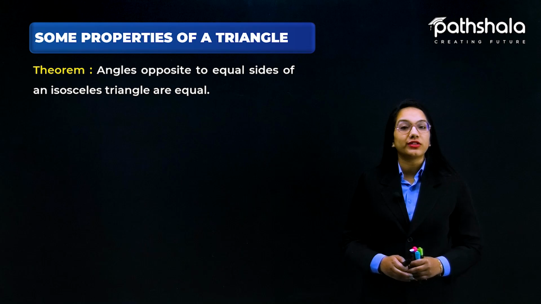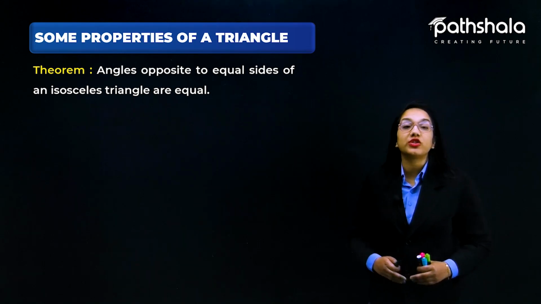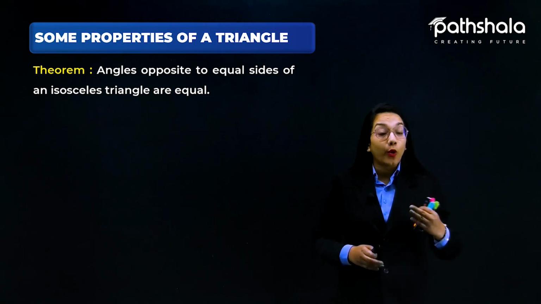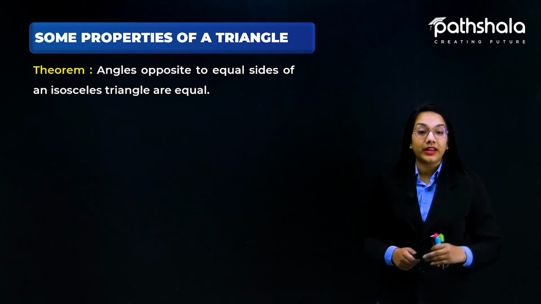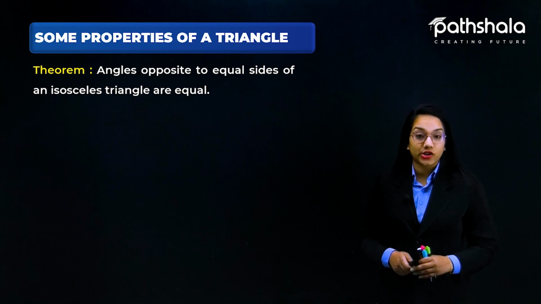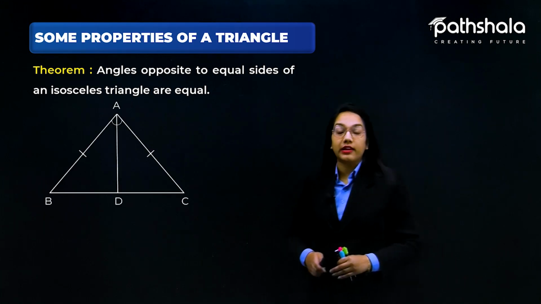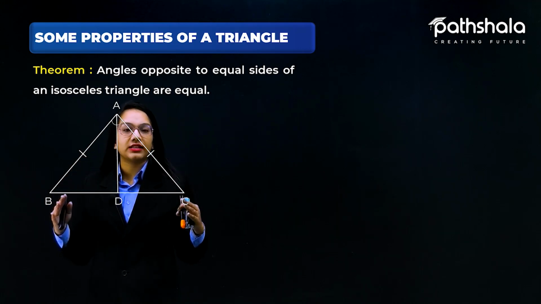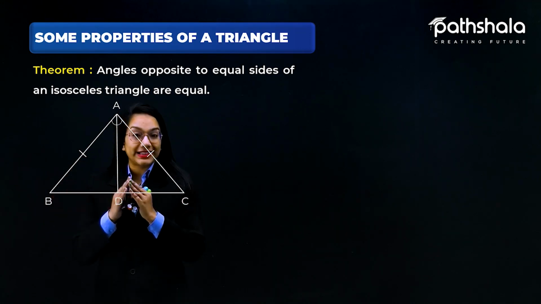So we have to show that the angles which are opposite to the equal sides of an isosceles triangle are equal. I hope you are all already aware of the isosceles triangle. An isosceles triangle is a triangle which has two sides equal. Let us take this isosceles triangle, and neglect this AD part first.